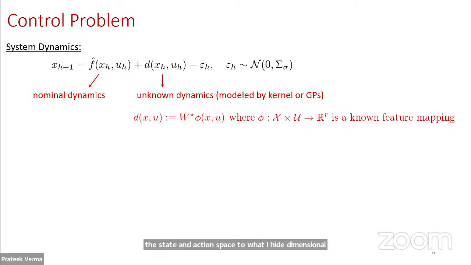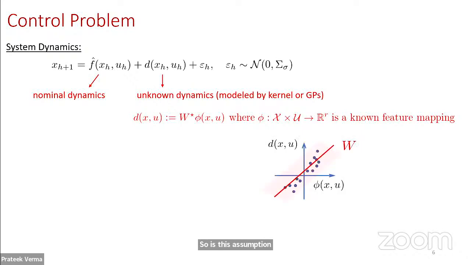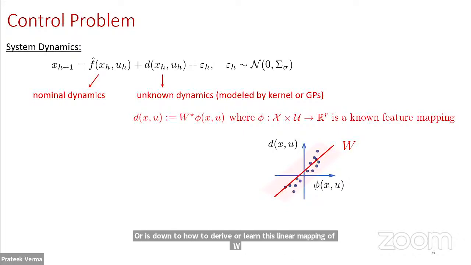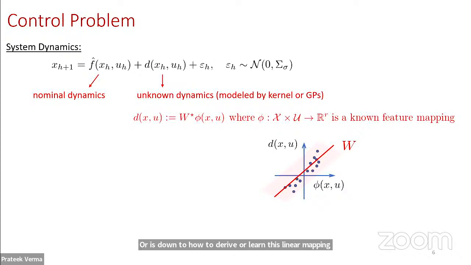With that, we are able to represent a wide class of nonlinear systems, including autonomous cars, manipulators or quadrotors. So with this assumption, how to represent the dynamics of the robot boils down to how to derive or learn this linear mapping W, a weighting matrix, so that we can accurately capture the data of this model dynamics.